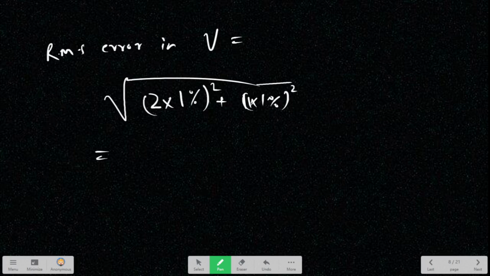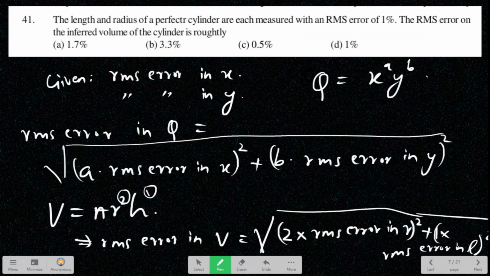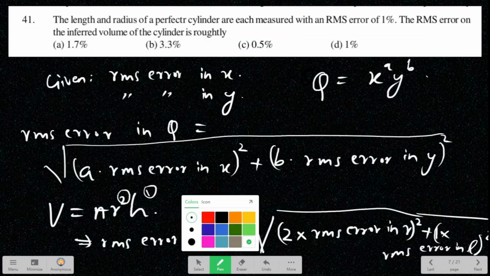So this is equal to root 5%, which is 2.236%. So the closest option here is option A, 1.7%.